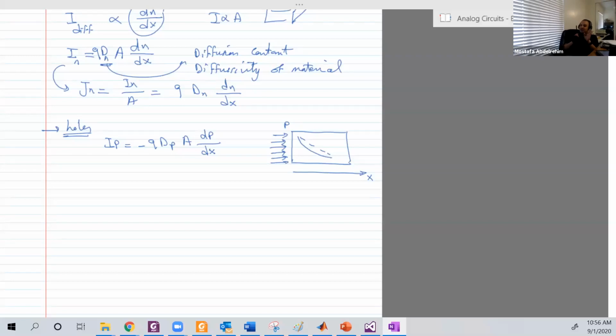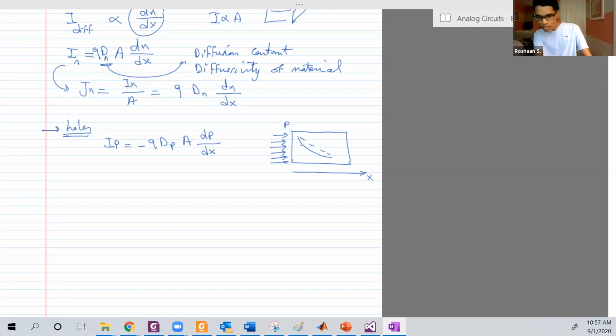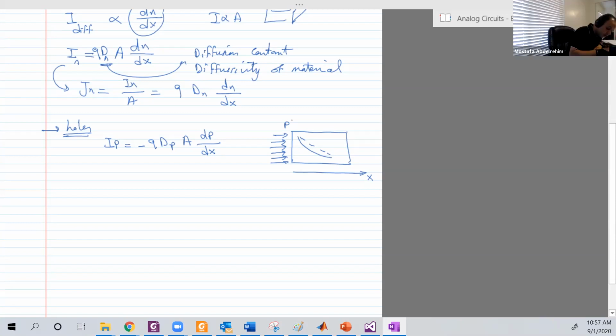So the answer lies in dB by dx and dN by dx. If we look at the change of B with x here, let's assume it's a linear relation, something like this. What is dB by dx? It is a slope, right? The slope of this line.